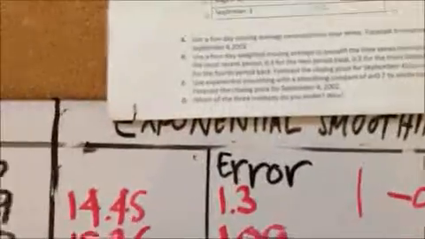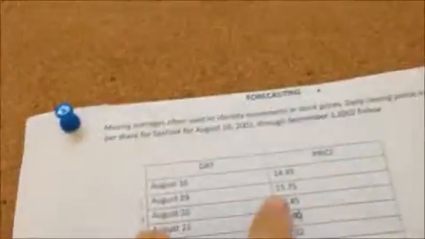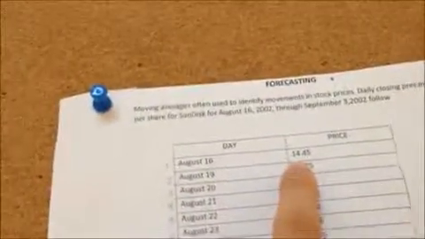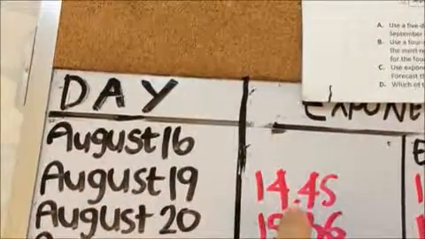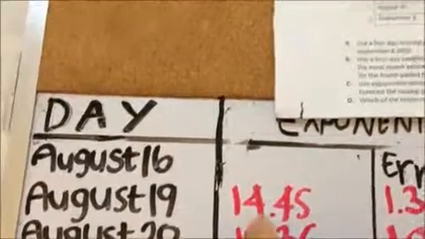So, this is how we are going to use the exponential smoothing. We are going to get the first data. The first data is 14.45. We are going to put this 14.45 at the second data.